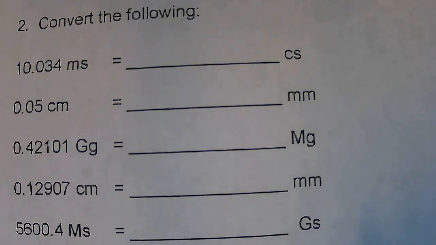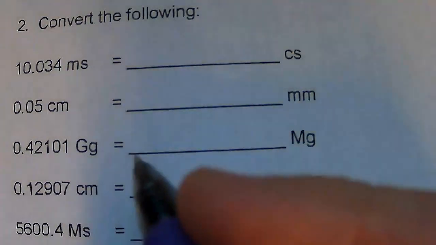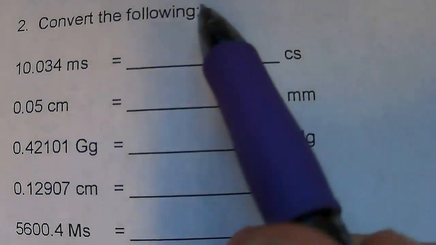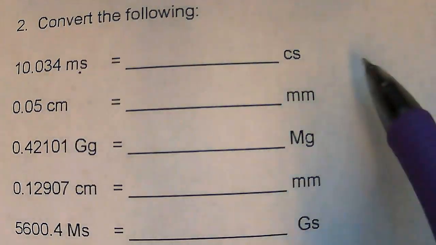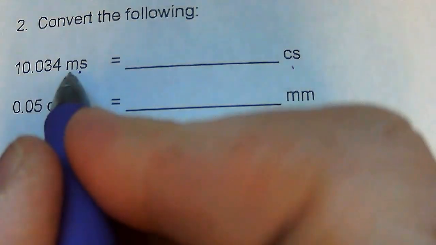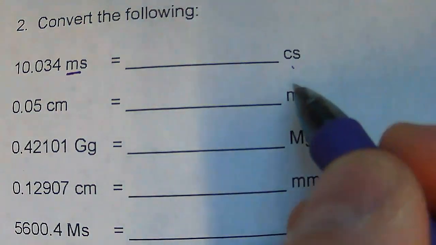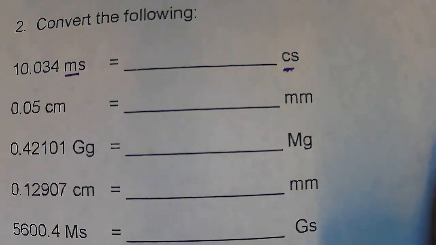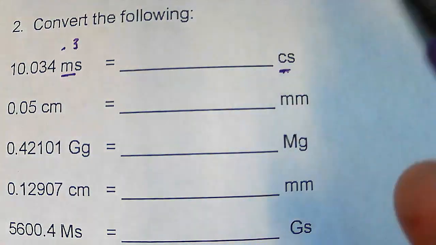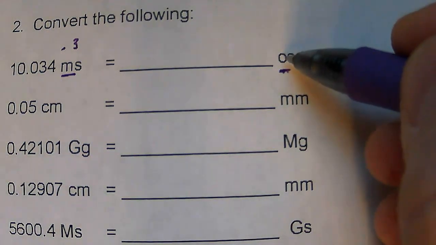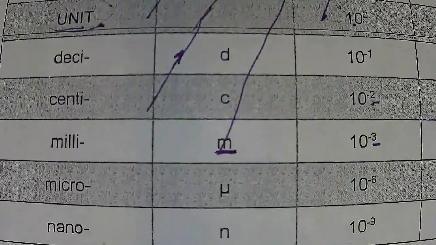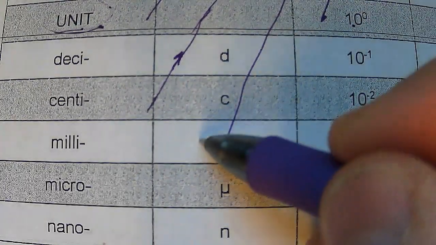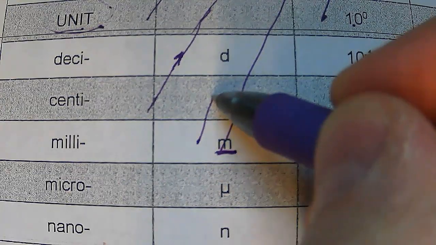So now let's get in a little closer and do part 2 of this. Now we're not given a specific unit to convert to. We're just saying we're going to go from this unit to this unit. So now we have milli to centi. Again, same process. This is -3. We're using the chart up above. Centi is -2. So we have milli to centi, so we're going up.